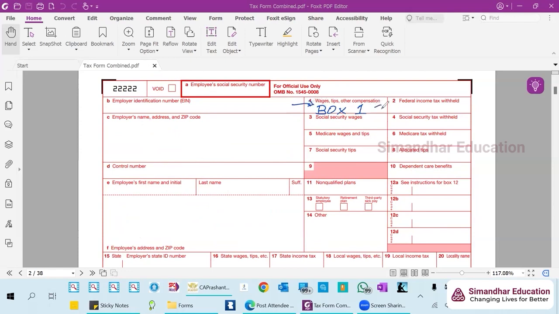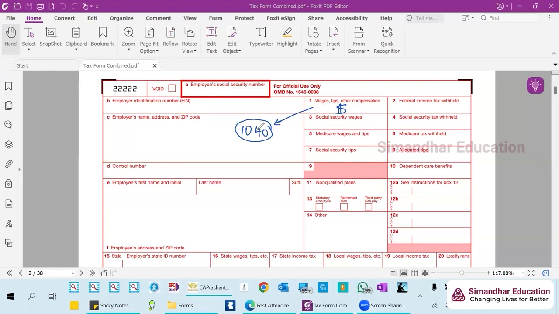This is the number which goes onto my 1040. So you see the link: the amount in box 1 goes onto my 1040. Where on the 1040, we'll see in a second.